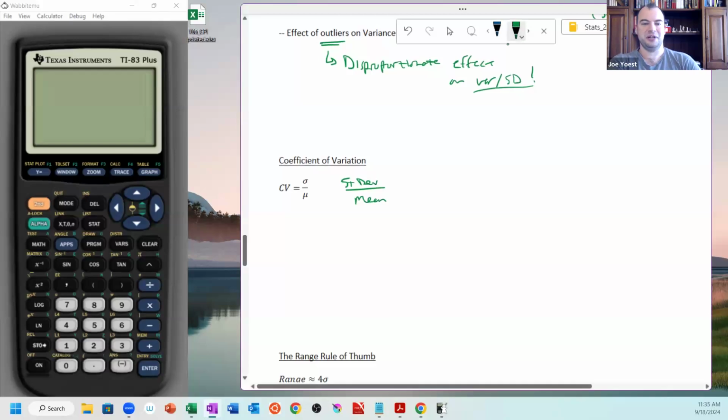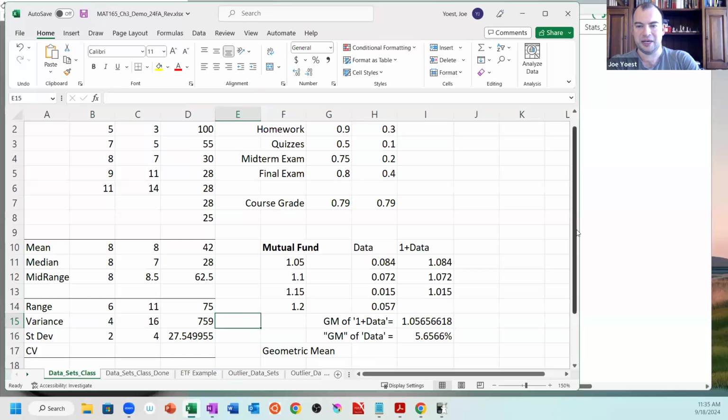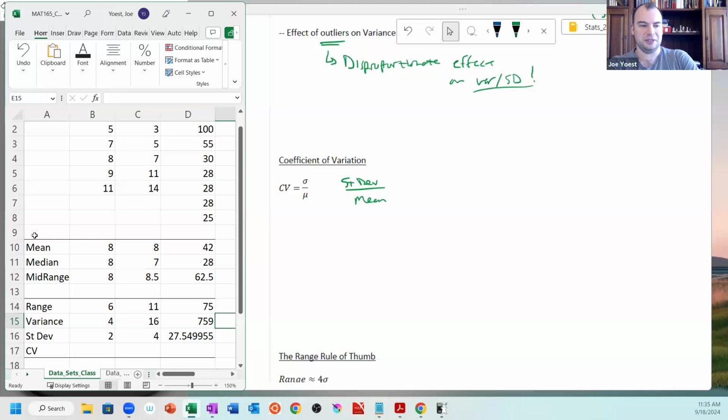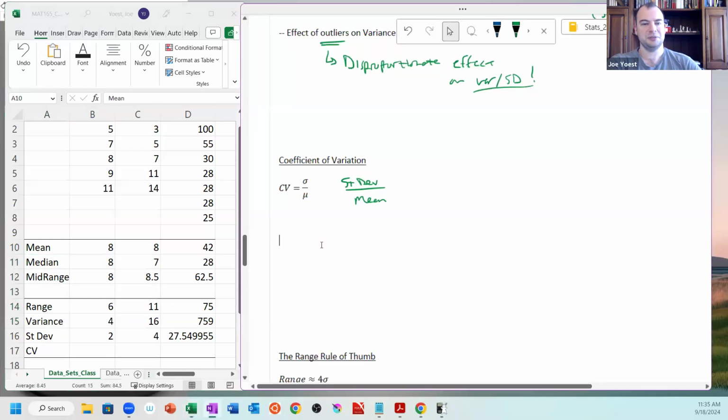But that's our coefficient of variation. So for instance, let me bring this Excel sheet back up just for these measures. The coefficient of variation, as far as I've ever seen, doesn't get a fancy symbol. It's just CV.